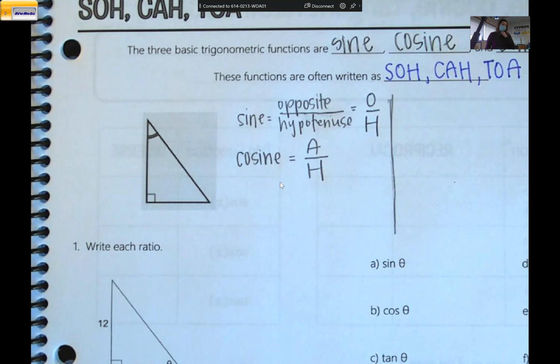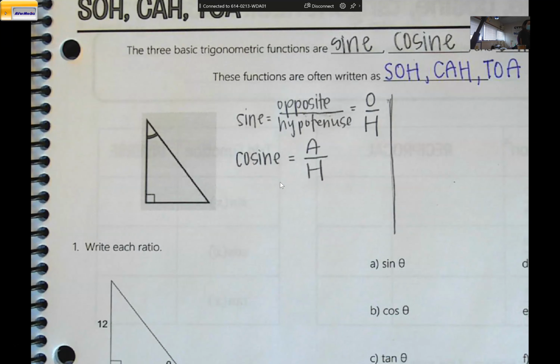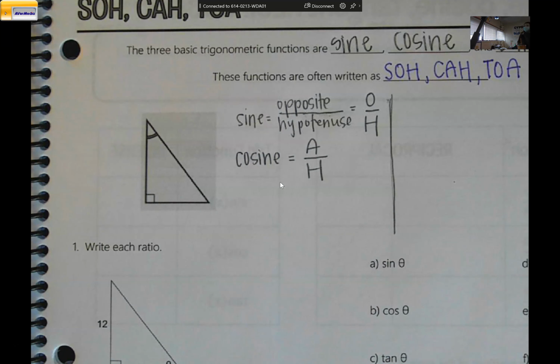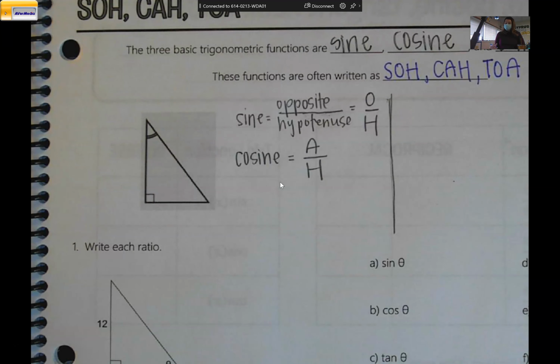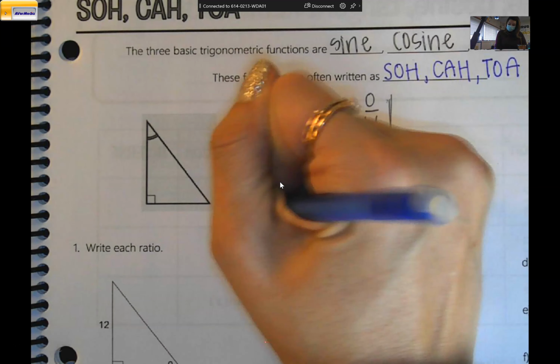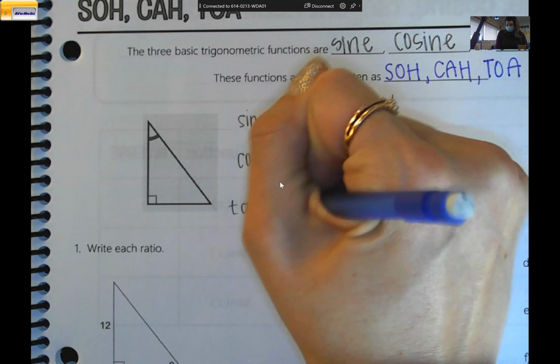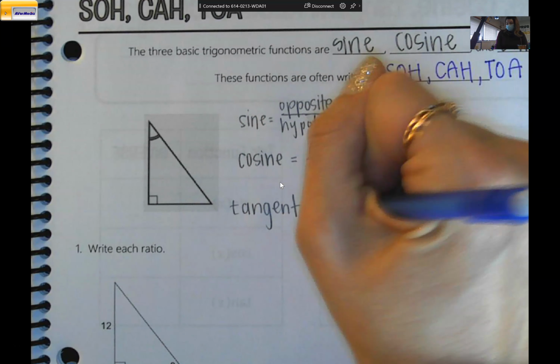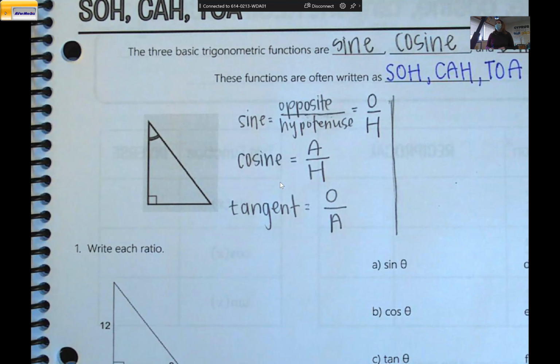And you can just write the letters if you prefer. If they ask you to find the tangent, that's TOA, you do the opposite over the adjacent.